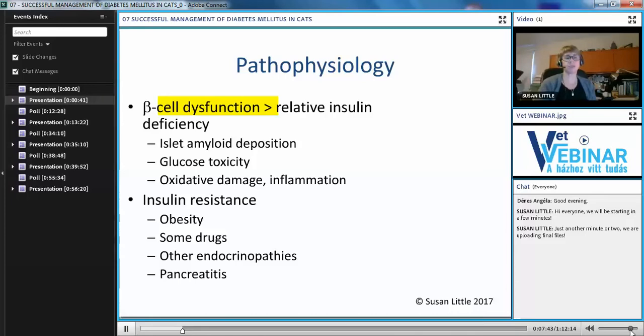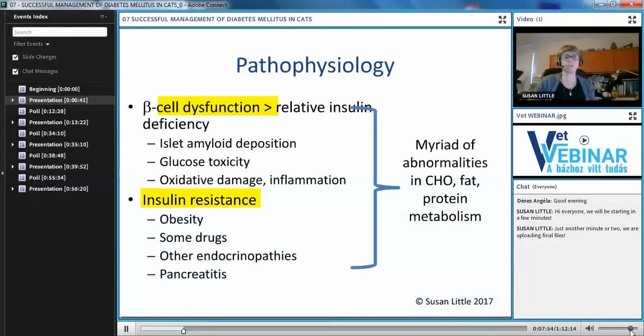So there's a number of mechanisms for both of these key underlying pathophysiologic problems. And what they lead to is a whole variety of abnormalities in metabolism of carbohydrates and fats and proteins in these patients that leads us to the clinical signs and the physical exam findings that we see in these cats.